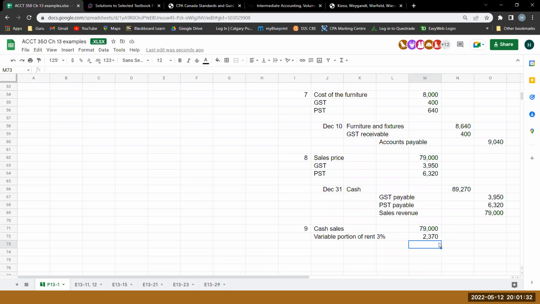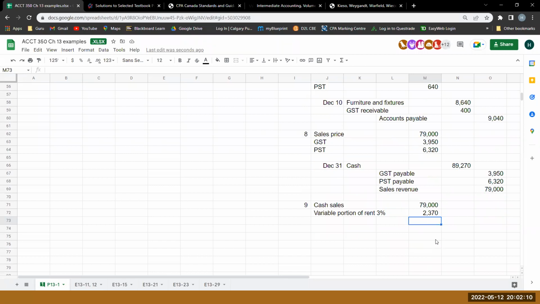Think about the Saddledome. When you have games where the Calgary Flames are playing, you usually have a typically high turnout of the crowds, and that day the sales levels are higher. So the Calgary Flames management might have a rental agreement where there's a certain base rent, and then depending on what the turnover is, they also get a little bit of the action there. So this is kind of what's happening. There's a variable portion, and then there's a fixed portion of the rent.